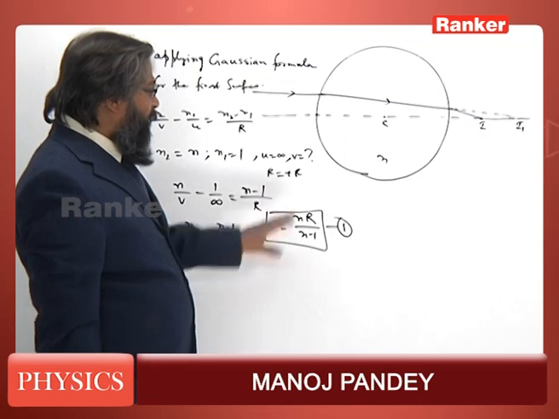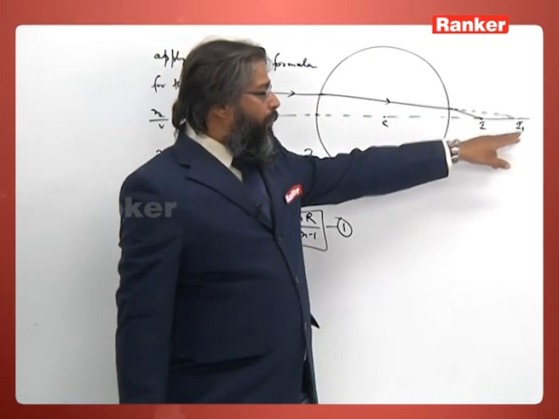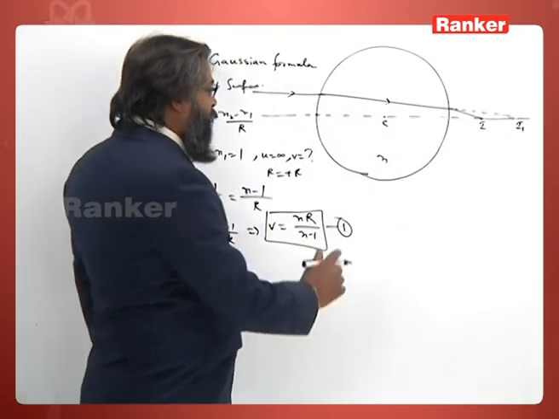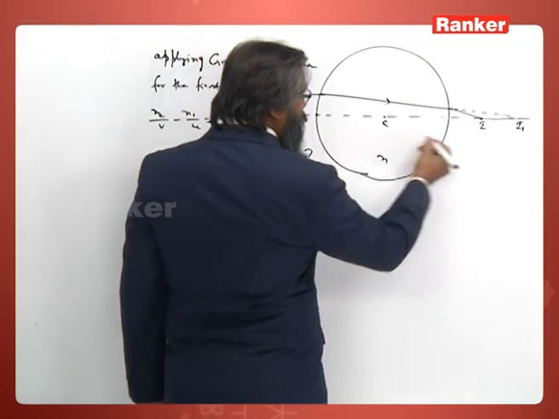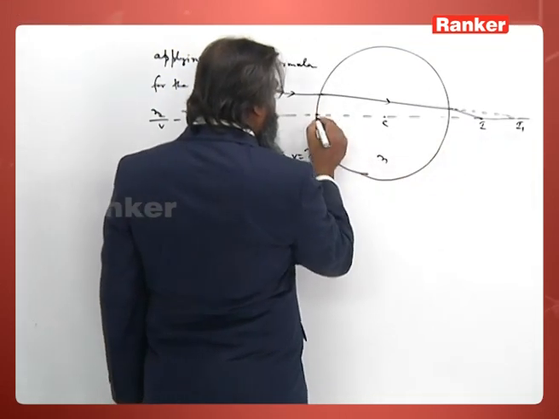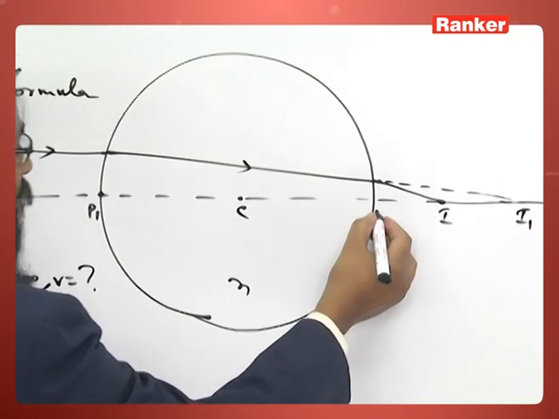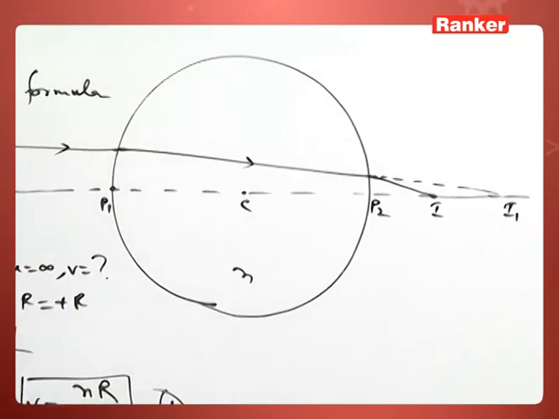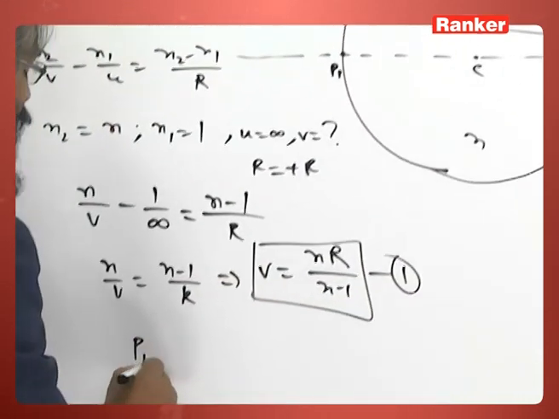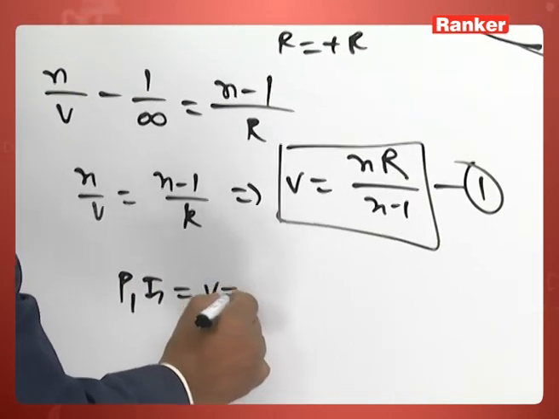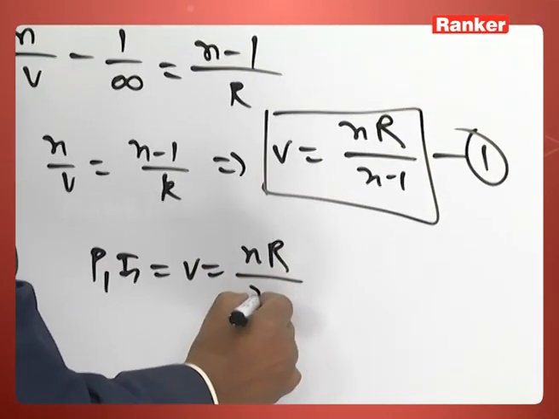Now you see this ray goes to I1, from this place; I call this P1 and this P2. So we got P1I1 = v = nR/(n − 1).